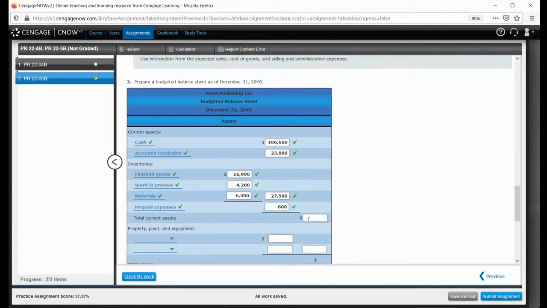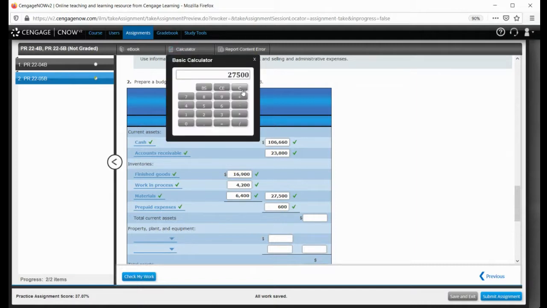Now we're ready to total our current assets. So I'm going to start with my cash, which was 106,660. We're going to add to it the accounts receivable of 23,800.